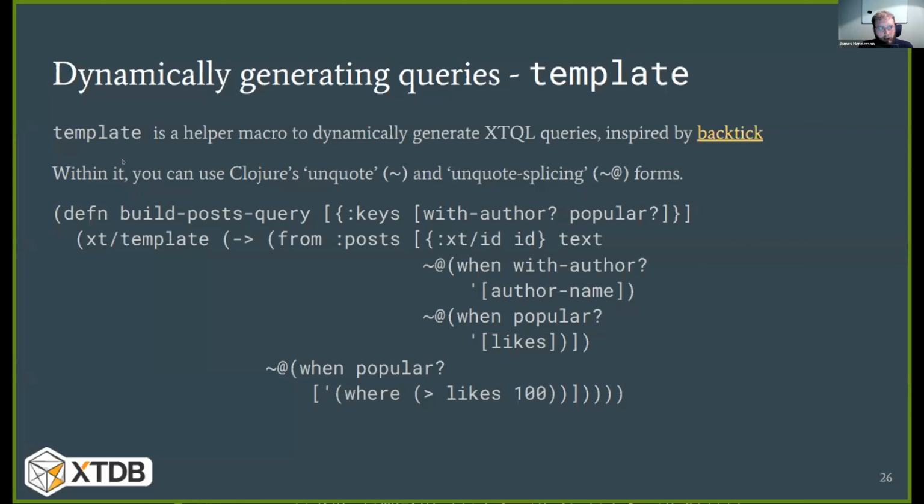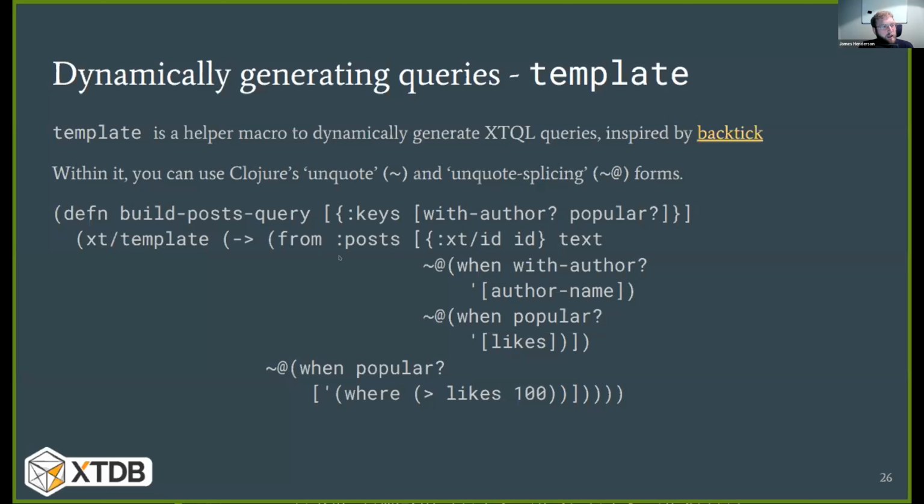And so what XT template allows you to do is to use Clojure's unquote and unquote splicing in your queries. You don't have to worry about syntax quoting or anything like that. And I say this is heavily inspired by Brandon Bloom's backtick library. So thanks very much for that one.